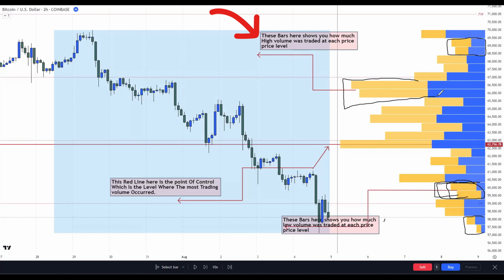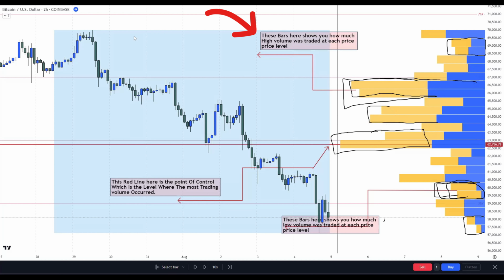And these bars here show you how much high volume was traded at each price level. So you can see here we have a lot of volume being traded at this price level. At the same time, a lot of volume being traded at this price level, and we also have a lot of volume being traded at this price level.